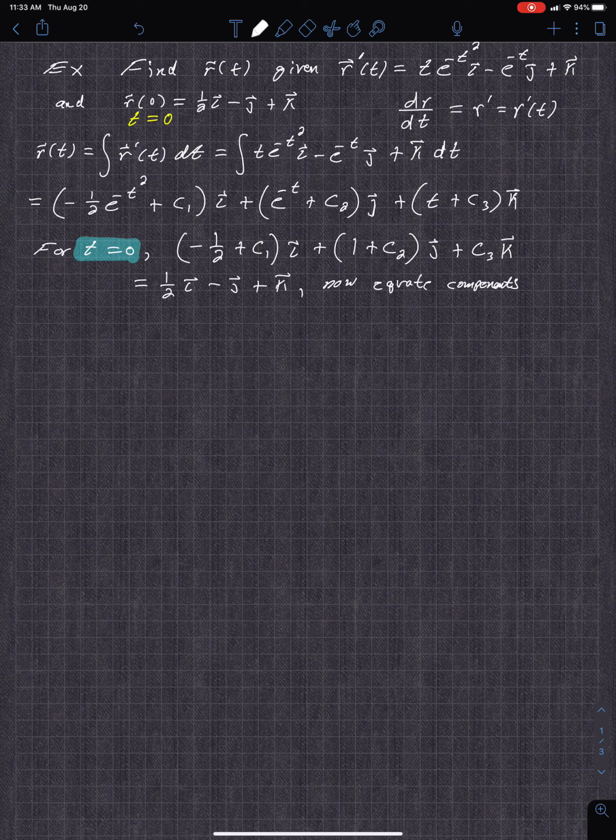And we get negative 1/2 plus C1 is equal to 1/2 if and only if C1 is equal to 1. And then 1 plus C2 is equal to negative 1 if and only if C2 is equal to negative 2. And lastly, C3 must just be 1.